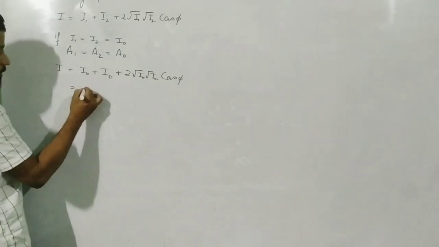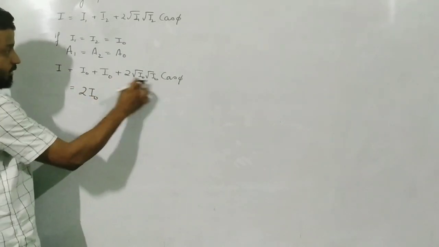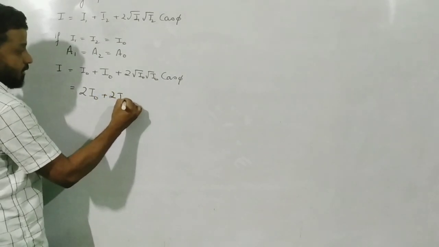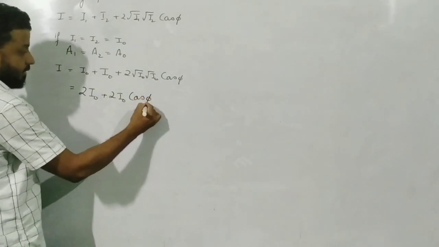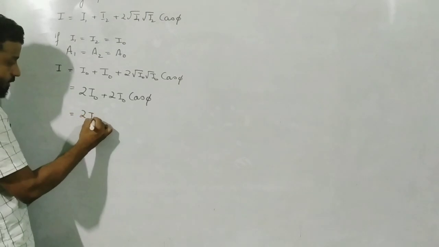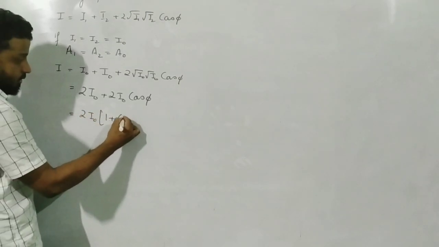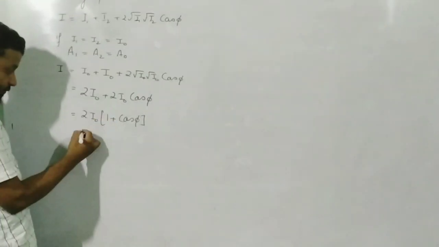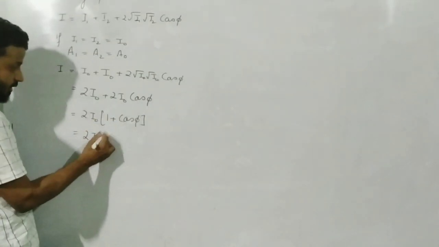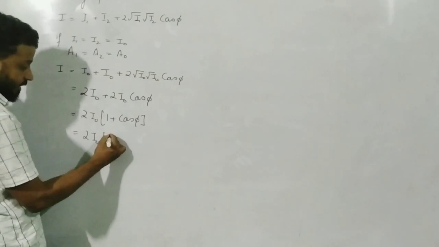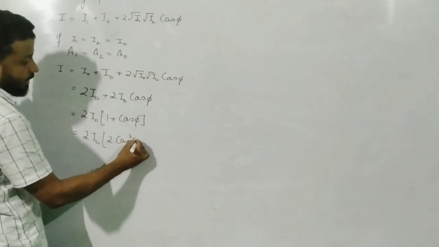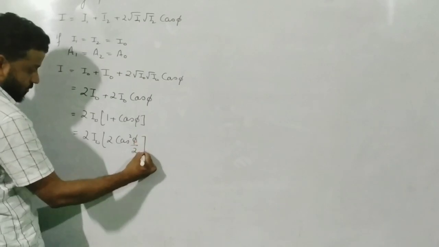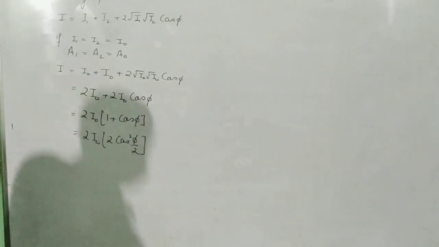And this is equal to 2 I0 plus 2 I0 cos phi. This I can write as 2 I0 into (1 plus cos phi). And this has a formula, which says 2 cos square phi by 2.